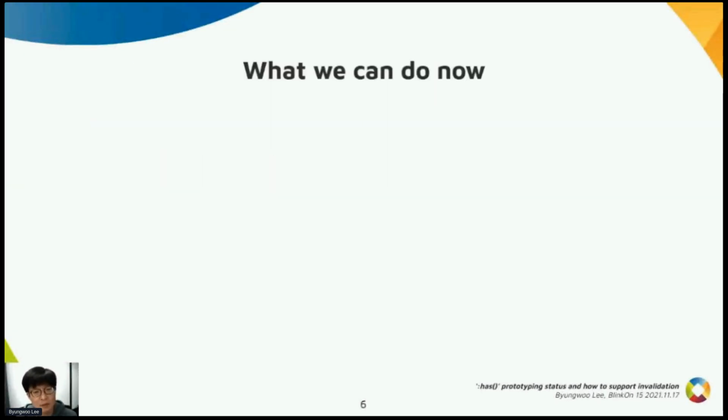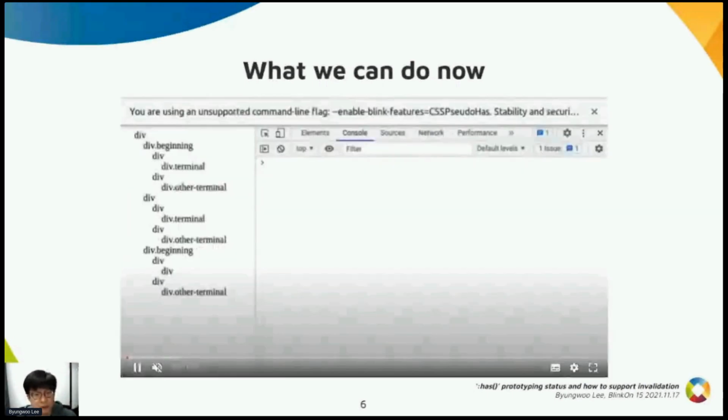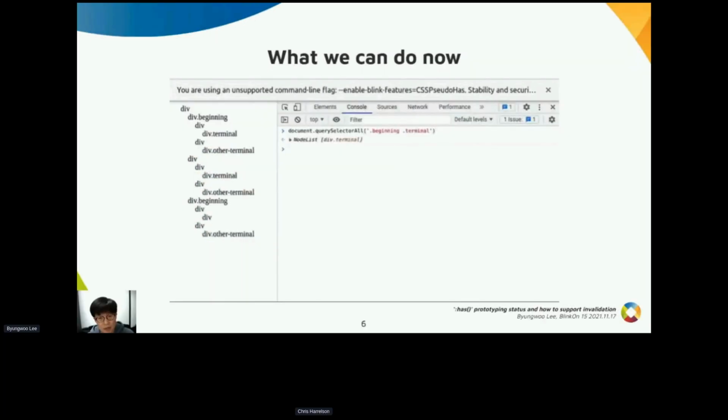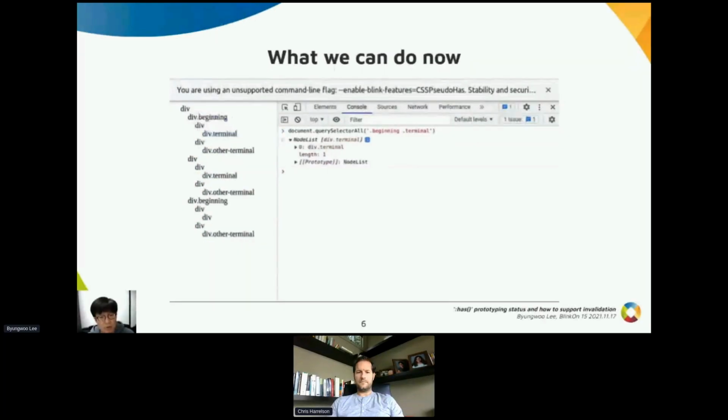Okay, this is the prototyping progress so far. If there is a subtree that matches a subtree condition, we can use terminal elements of the subtree. So we can select and style the elements at terminal, but we can't do that for the other elements of the subtree in the usual way. We can use :has to change the subject element of the subtree condition.